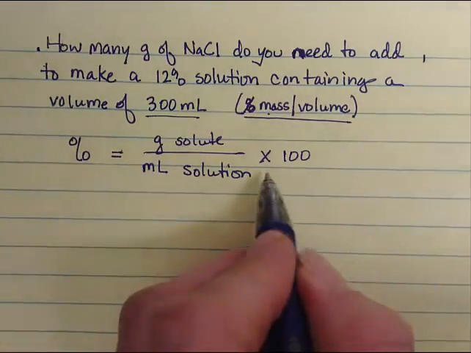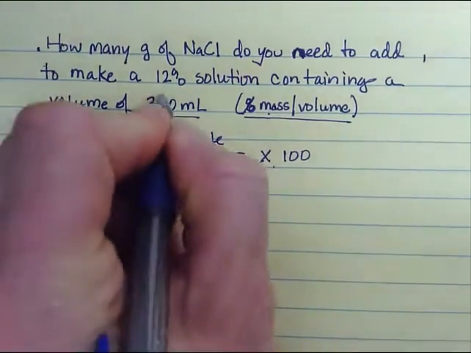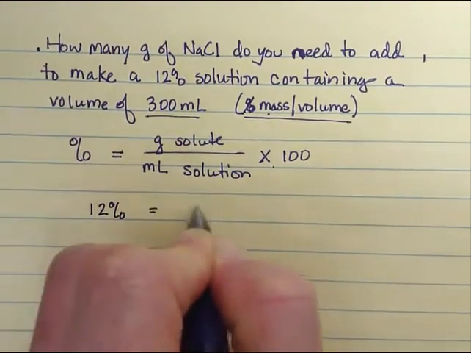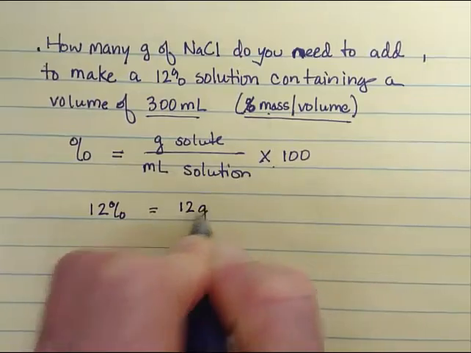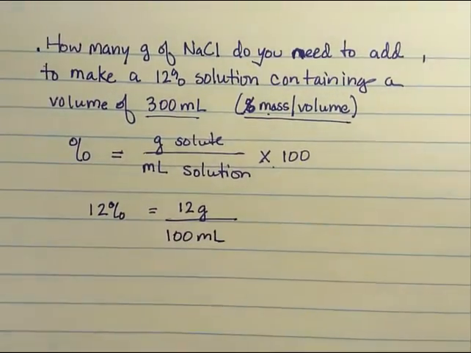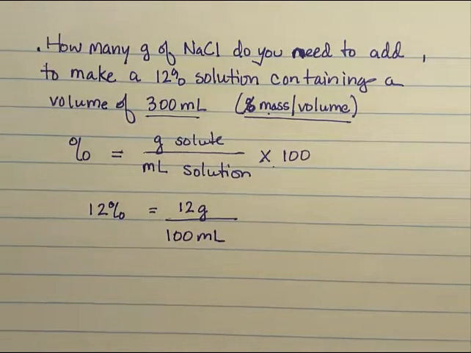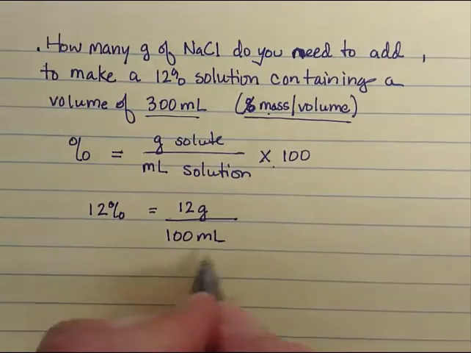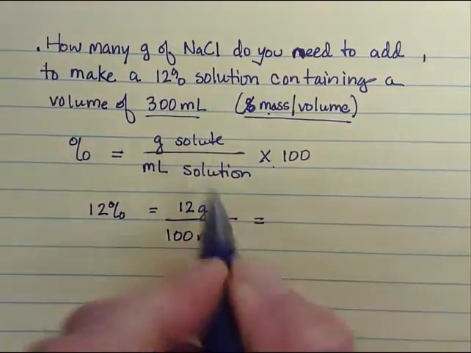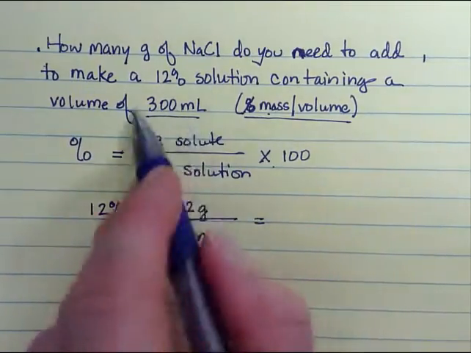So what this is saying is that a 12% solution means that you have to add 12 grams of our solute in 100 mils to get a 12% solution. That is by definition. So if we know this, we can compare this to something that has any volume over here.